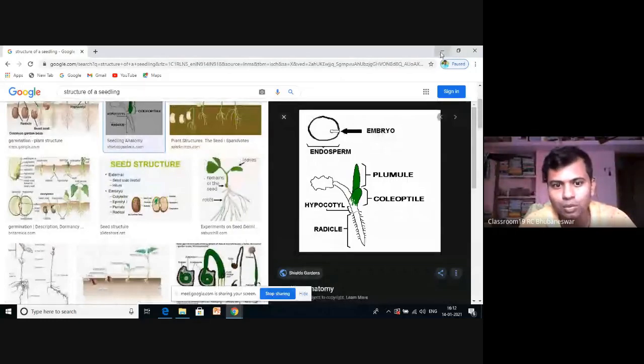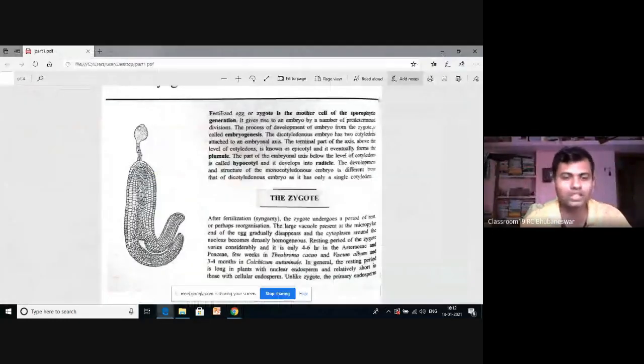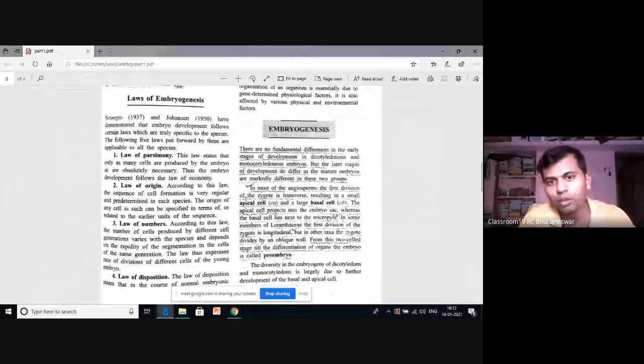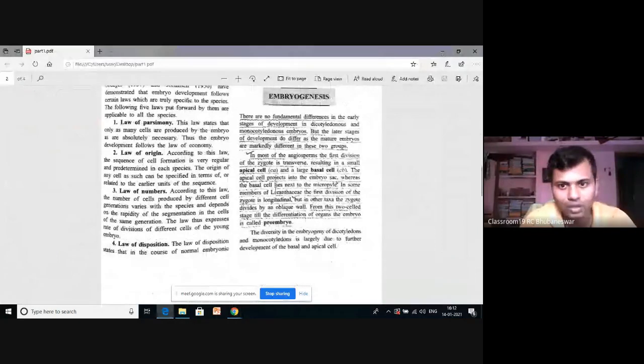The process of development of the embryo is known as embryogenesis. At the time of embryo development, the zygote is one cell. The zygote divides to form an apical cell and a basal cell.